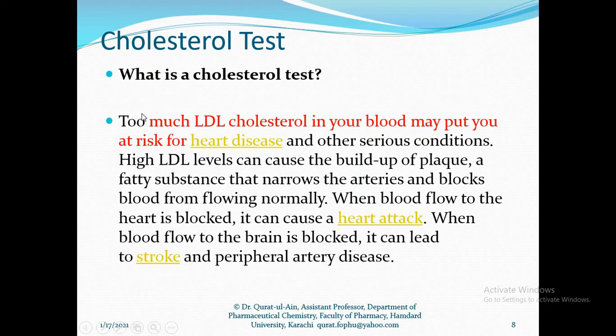So now the question is, what is a cholesterol test? The cholesterol test tells you whether you are having bad cholesterol, that is LDL, or low density lipoprotein, in your blood in high concentration or in low concentration.